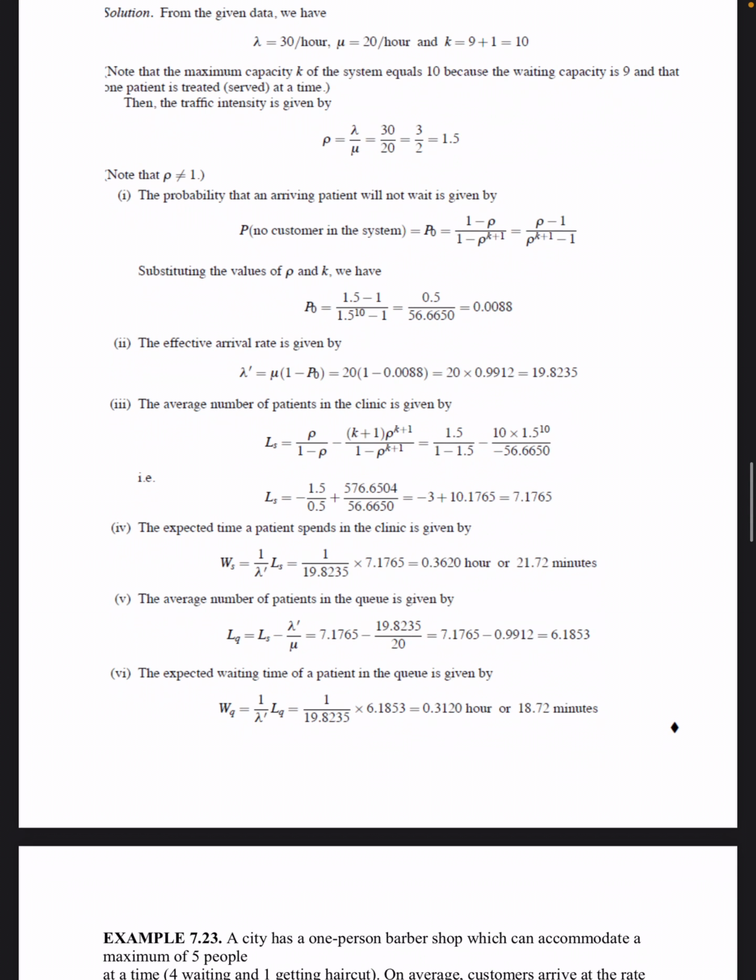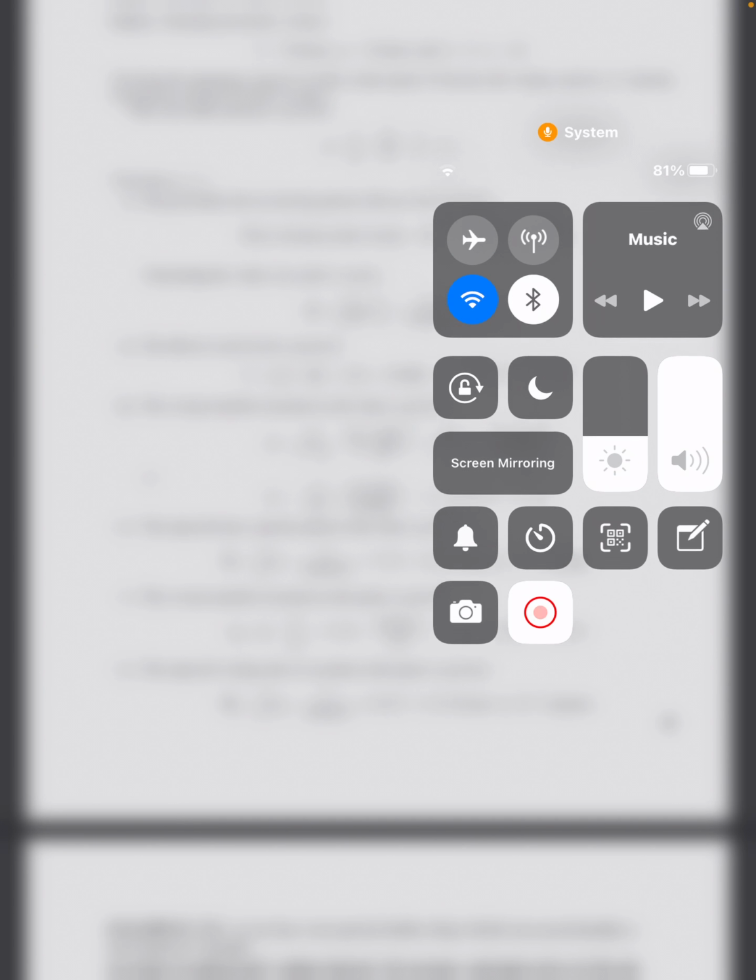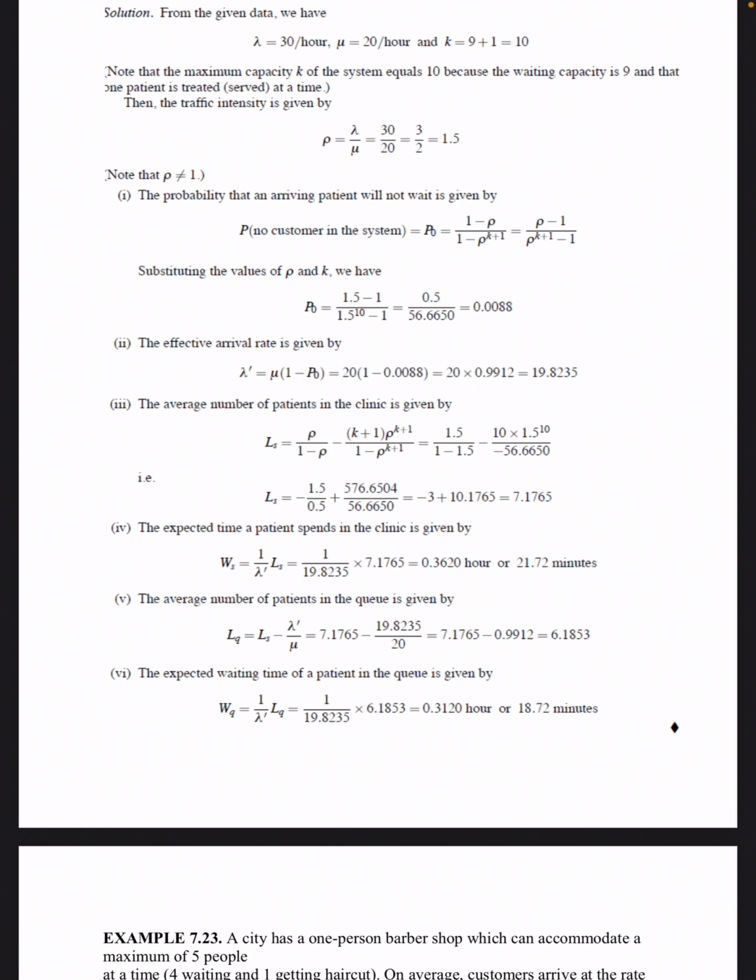Then we have the effective arrival rate lambda dash equal to mu into 1 minus p naught, that's equal to 19.8235. And Ls equal to rho by 1 minus rho, that's equal to, we are getting 10 into 1.5 into 5 raised to 10 by minus 56.66650.